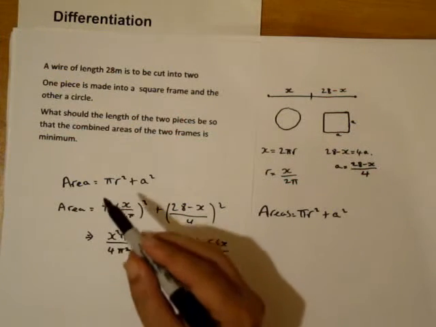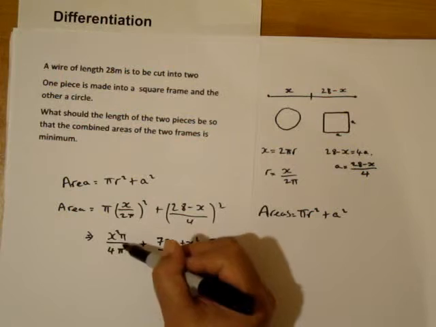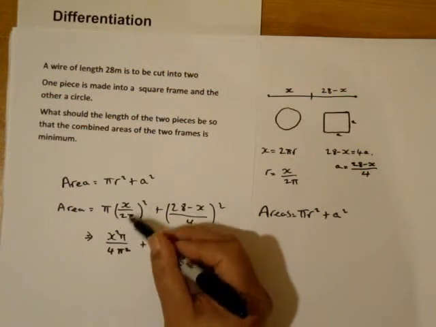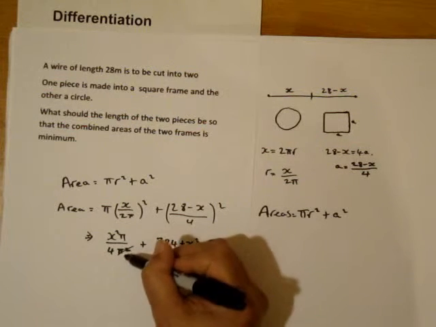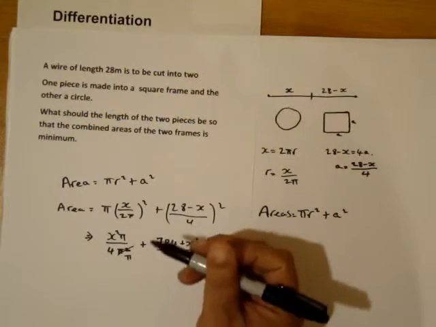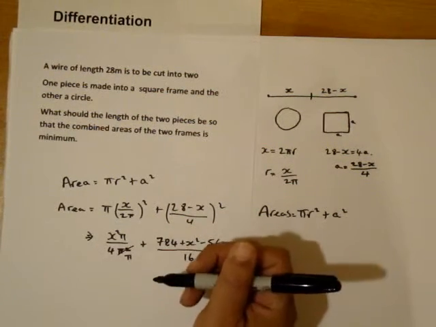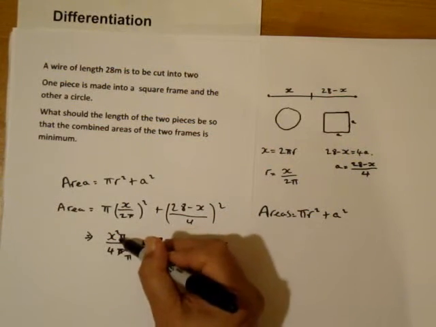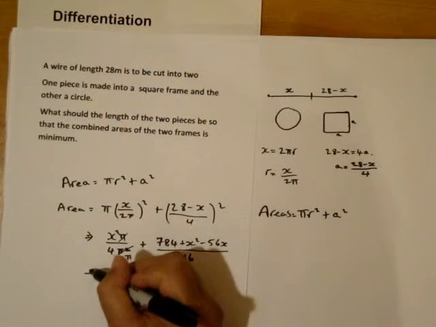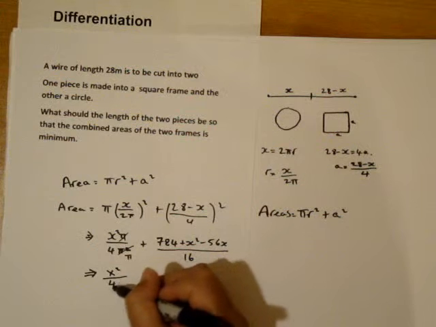So here we can do some cancelling out, so we get the pi squared and the pi going out, so that just leaves pi there, leaving us with x squared over 4 pi.